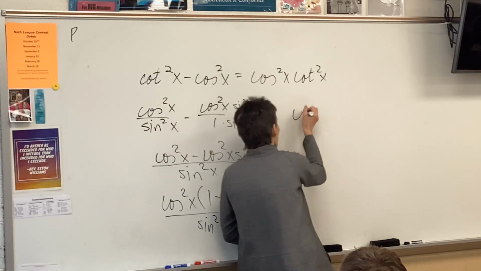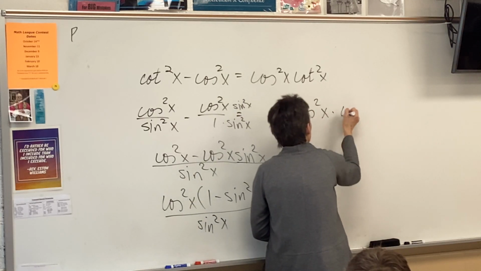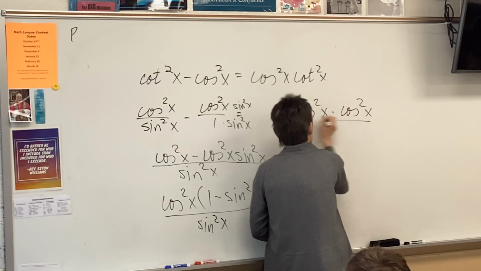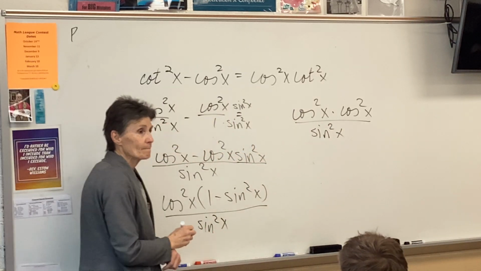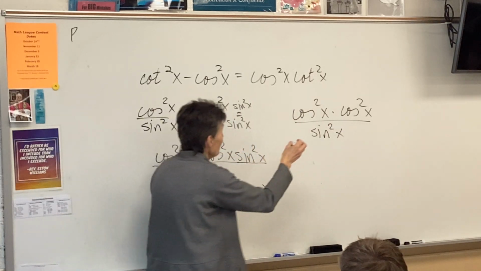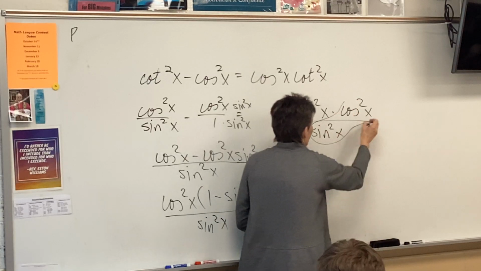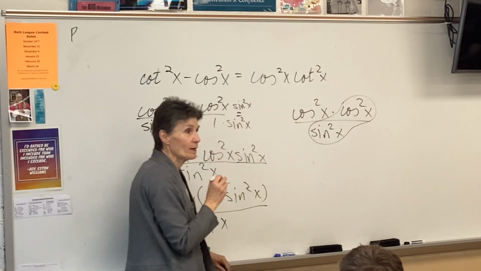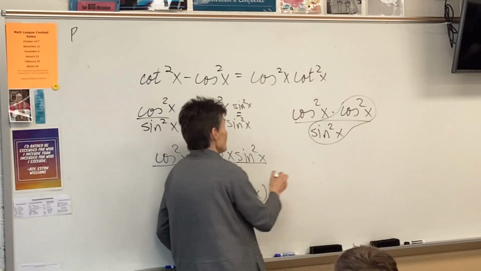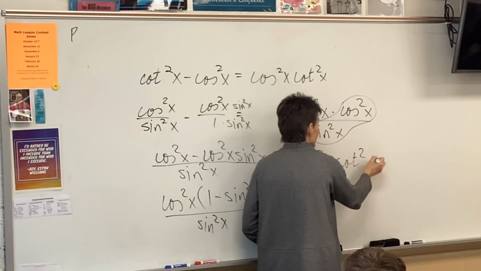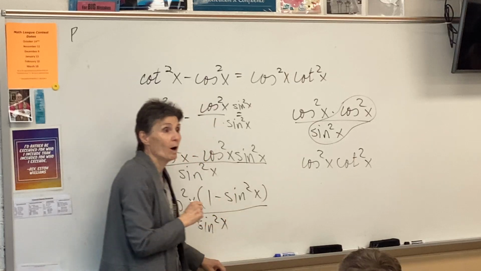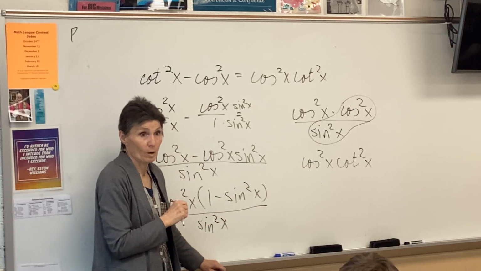So on the top, I have a cosine squared and another cosine squared over sine squared. Don't these two right here make a cotangent squared? So now we've got our cosine squared times our cotangent squared, which is what we were shooting for.